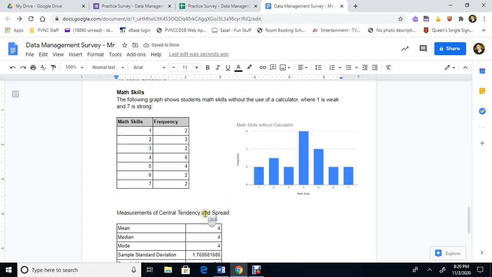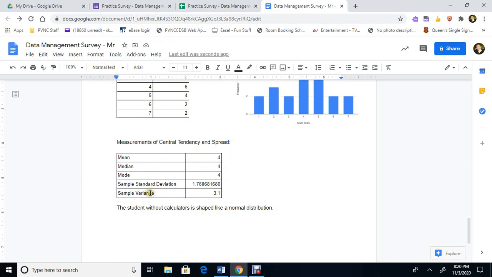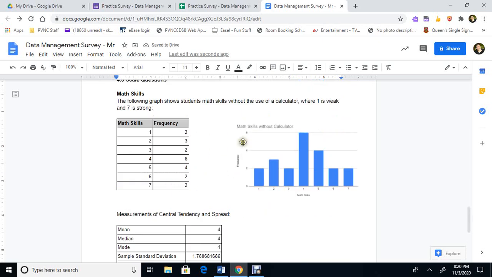This is true because the mean, median, and mode are equal. It's quite interesting. We know that in a normal distribution, the mean, median, and mode are equal. So we're normally distributed. Most people are in the middle.